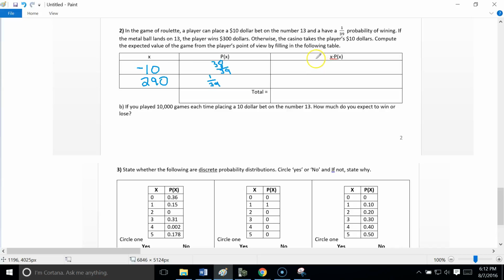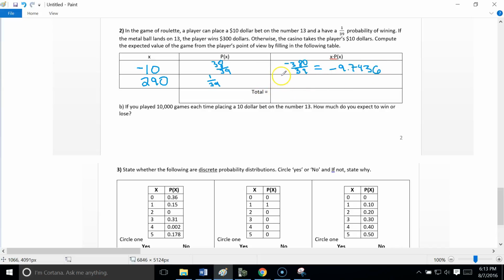Now to find the mean of this probability distribution table, we're going to have to follow our formula, which we've stated right up here. We multiply x times p of x, and then we sum down. So this is going to be equal to negative 380 divided by 39, which equals roughly negative 9.7436.